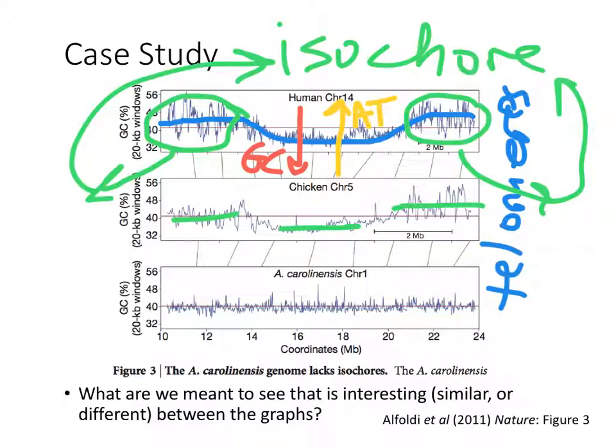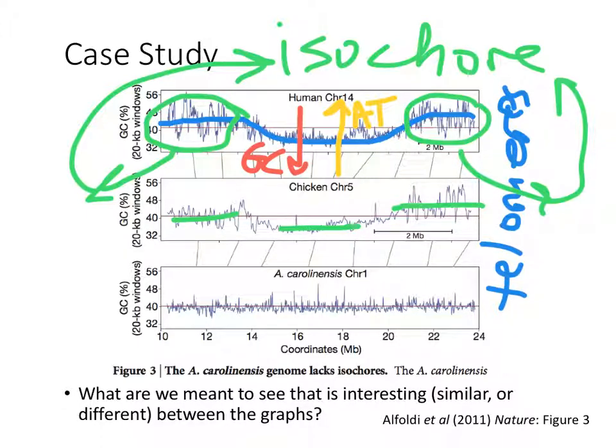So these 2 parts, is this green? Yes. Okay, thanks. The 2 parts that I circled in green are isochores. And this part in the middle would also be a separate isochore. So we got high GC, low GC, high GC from left to right.